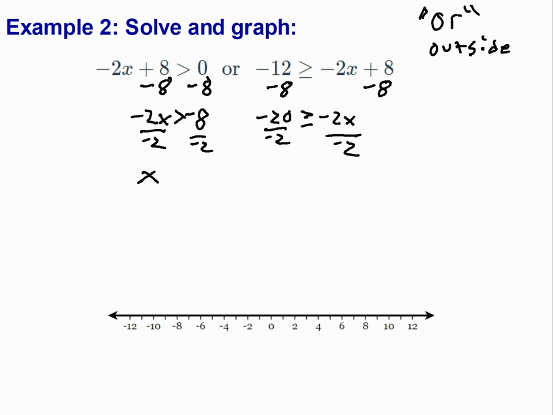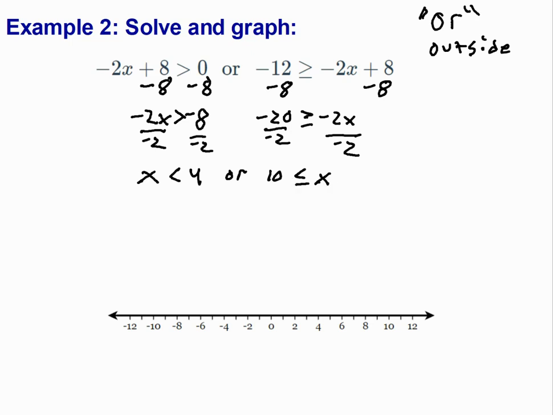I get x, and I'm remembering that when I divide by a negative, I flip my inequality symbols. So I get x is less than 4. And over here, I get 10 is less than or equal to x. Let's go ahead and throw the word or back in there. So here are my two inequalities. x is less than 4, and 10 is less than or equal to x.